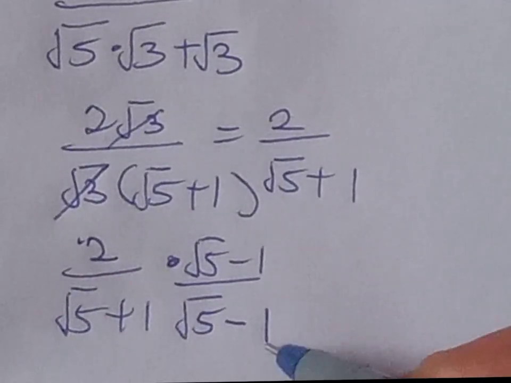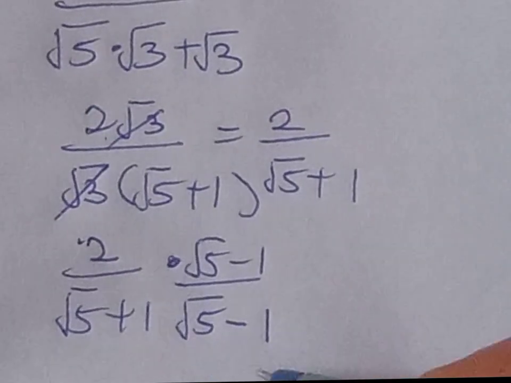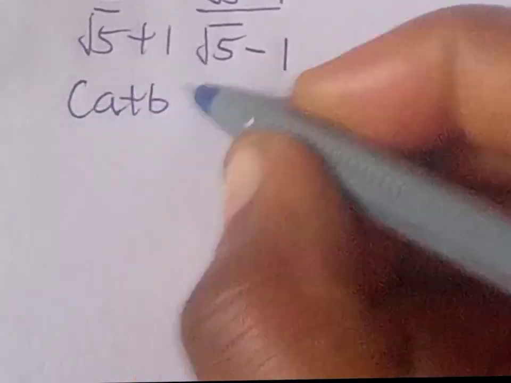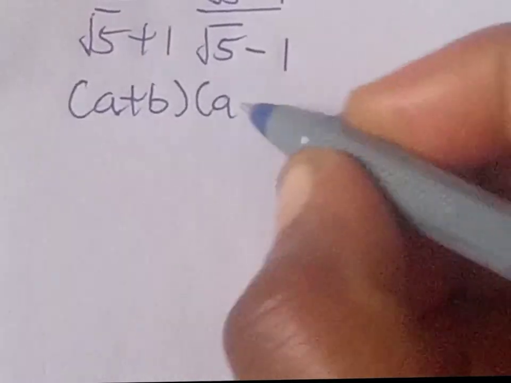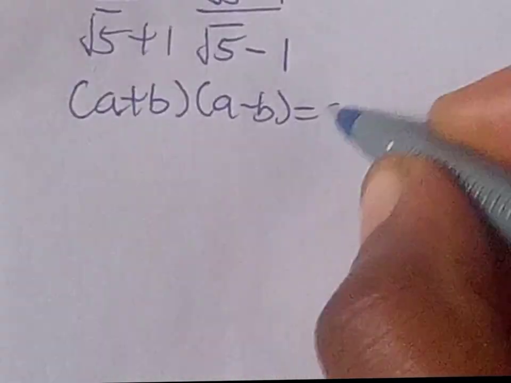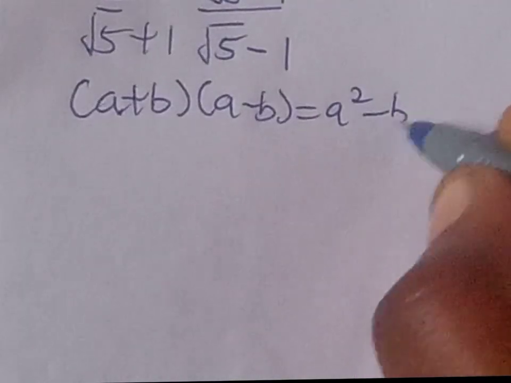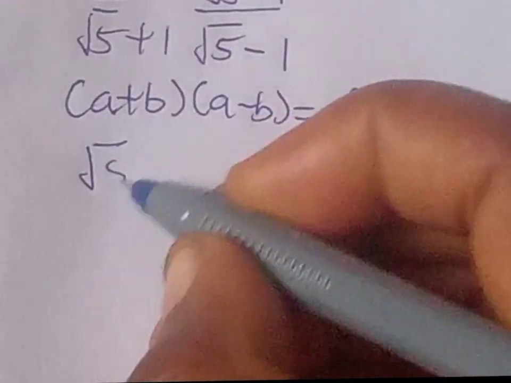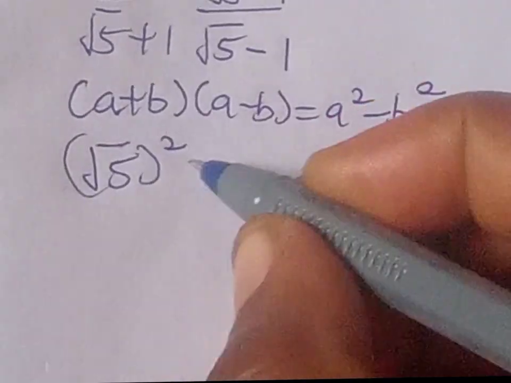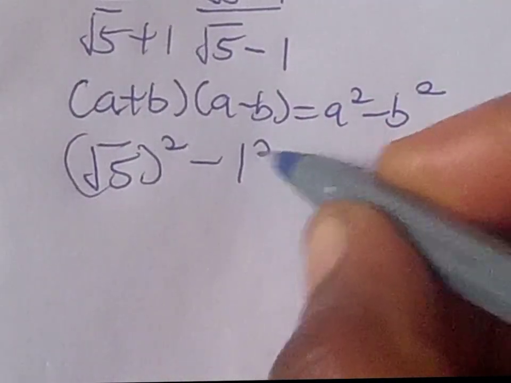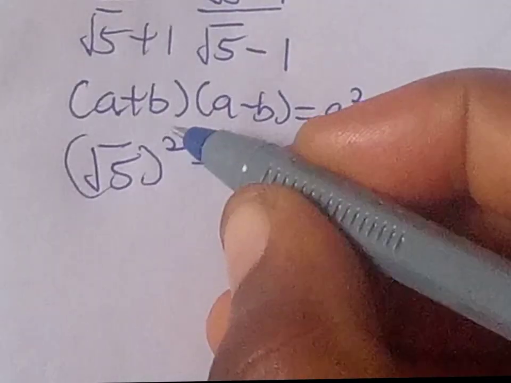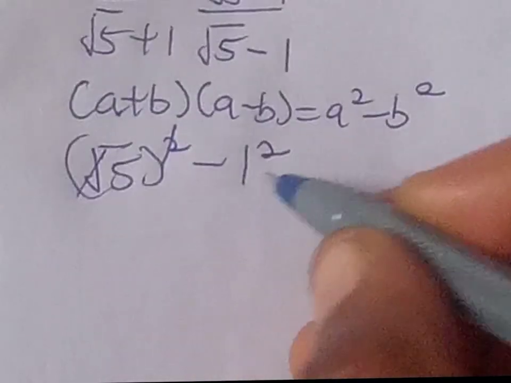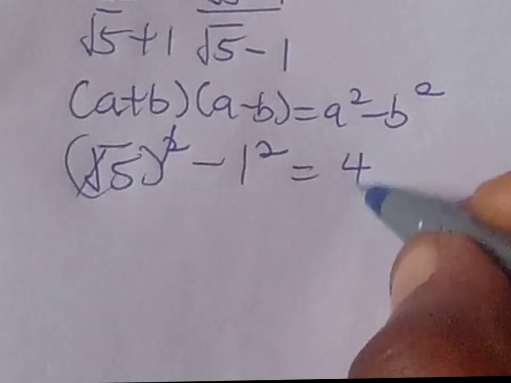In the denominator, we use the difference of squares formula, that is a plus b multiplied by a minus b equals a square minus b square, which will give us root 5 square minus 1 square. Square cancels square root, so we are left with 5 minus 1, which is equal to 4.